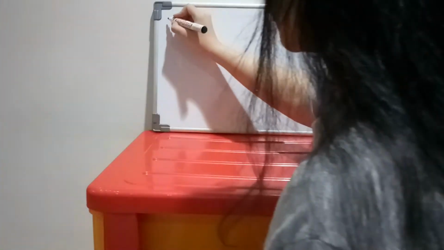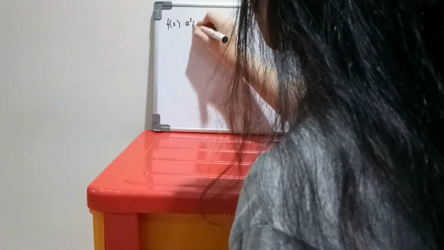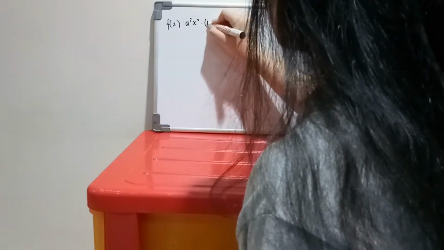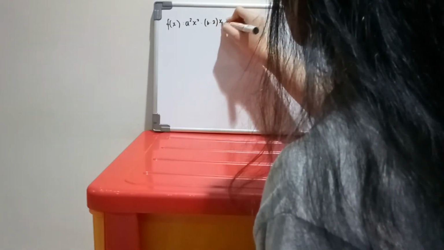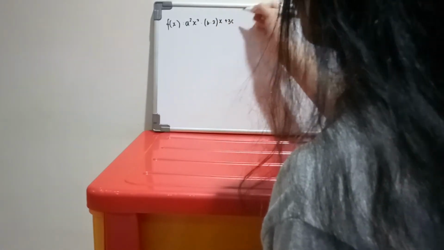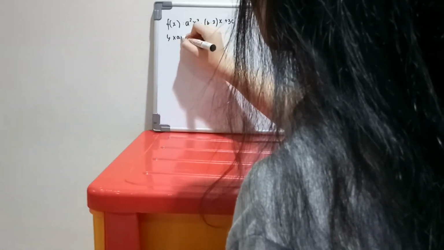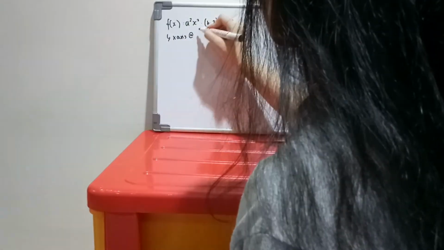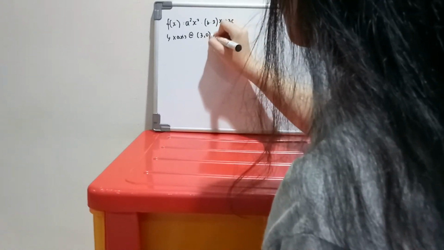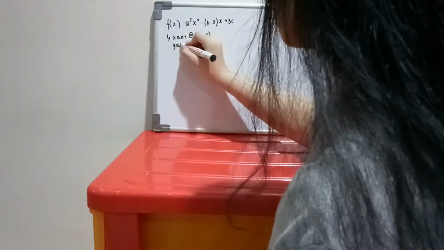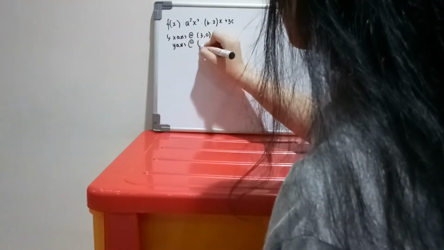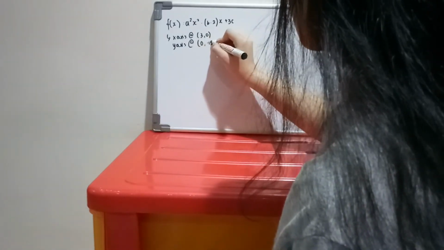So, we got f(x) equals a² x² minus (b minus 2)x plus 3c, and the information that it meets the x-axis at (3, 0) and the y-axis at (0, -15).